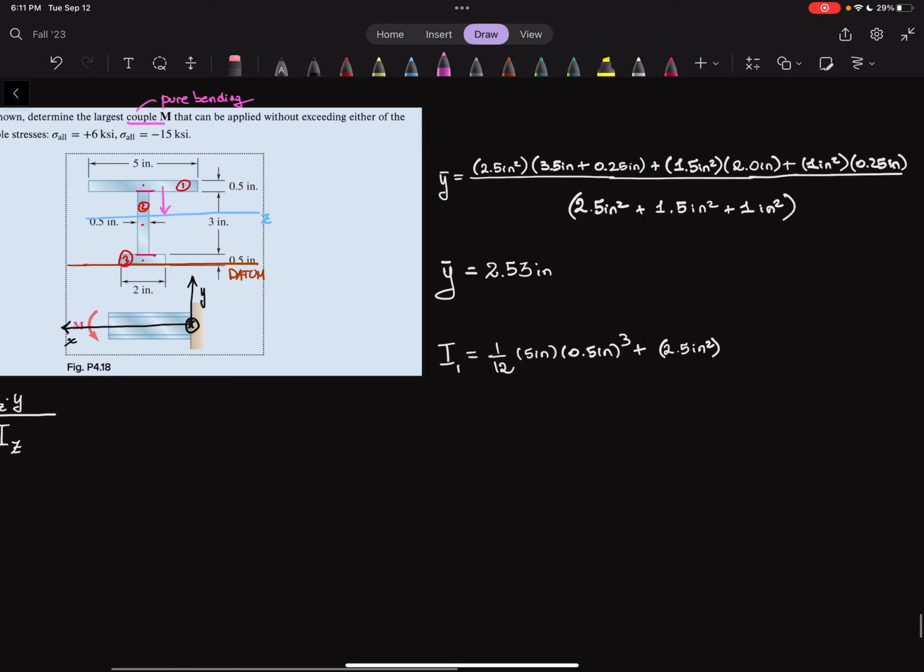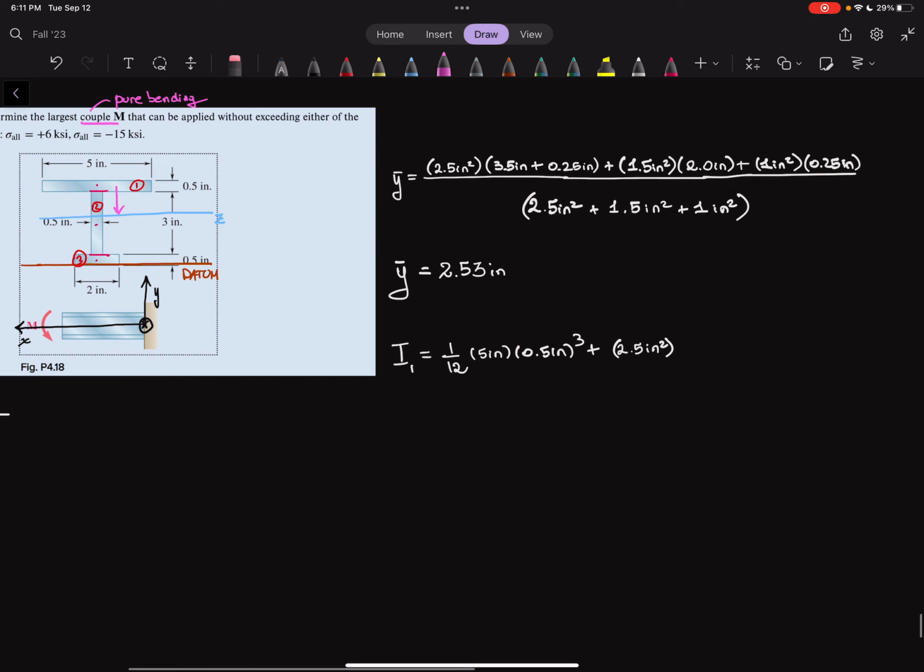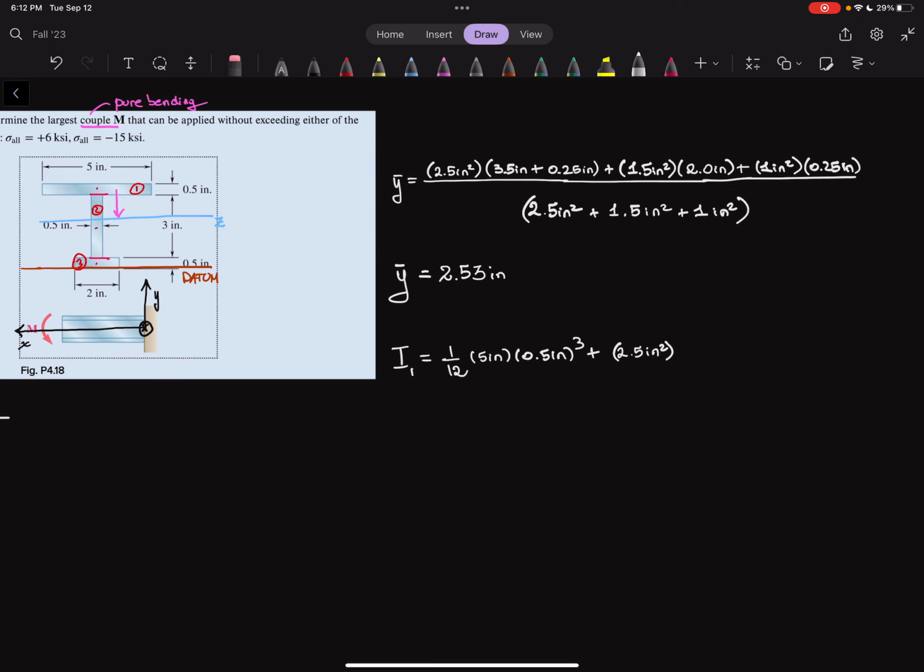Well, from the bottom, from the datum, it's going to be 0.5 plus 3 plus another 0.25. I'm just going to write it down. So times 0.5 plus 3, well, I can do that in my head. That's 3.5 inches plus another 0.25 inches. I could have done that in my head.